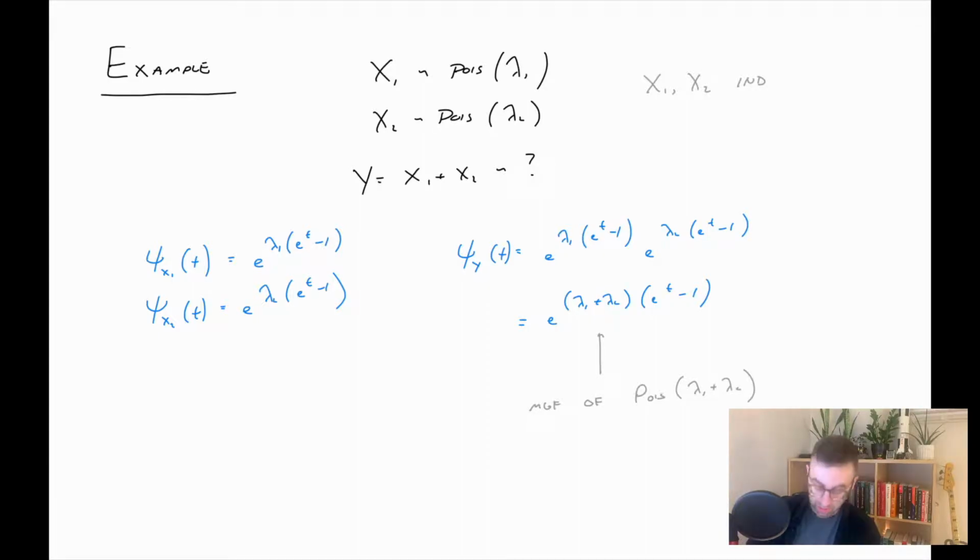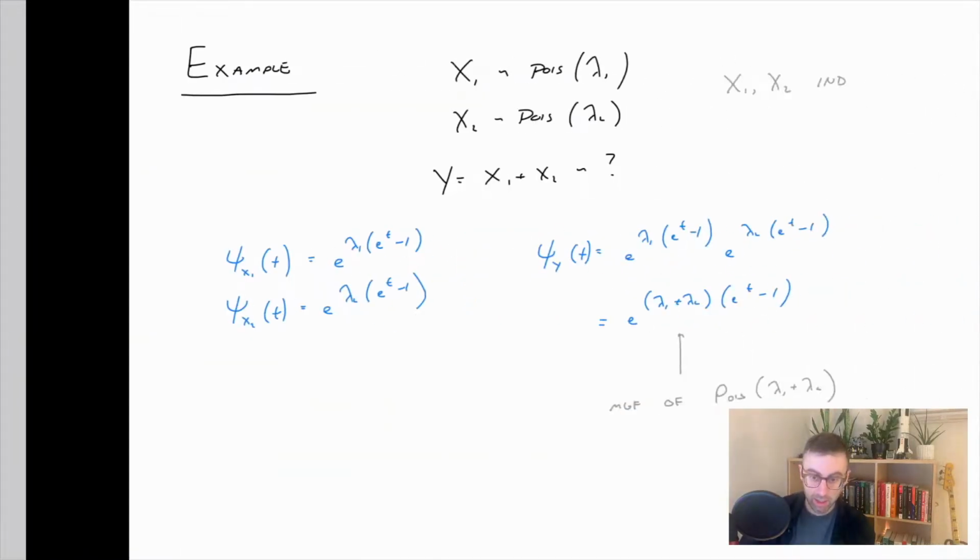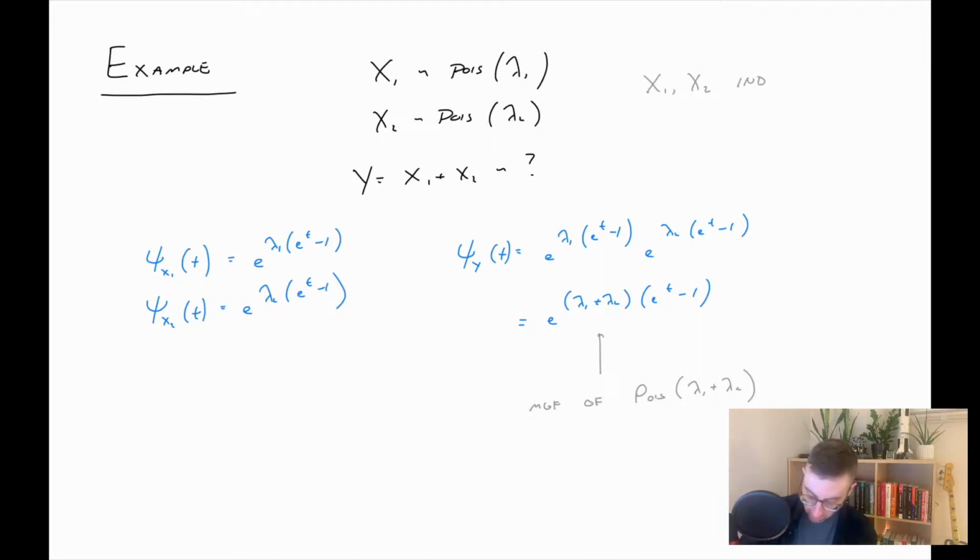So now I use this here: since the moment generating function of y is the same as the moment generating function of a Poisson random variable with parameter lambda 1 plus lambda 2, we conclude y follows a Poisson distribution with parameter lambda 1 plus lambda 2. Pretty easy. Maybe try to do this an alternative way, maybe using the distribution function, and see how much less fun it is compared to this nice short little derivation here.